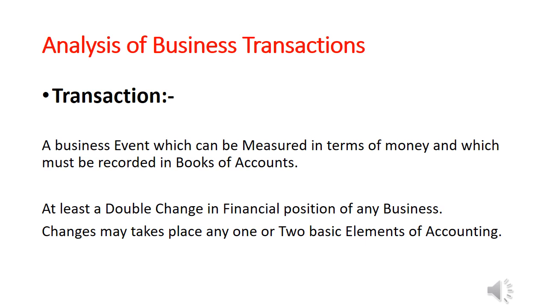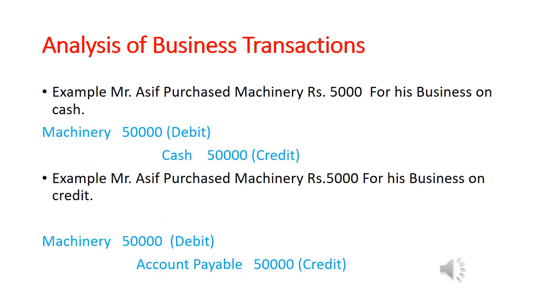At least a double change in the financial position of any business may take place in any one or two basic elements of accounting. There is no exception to the principle.